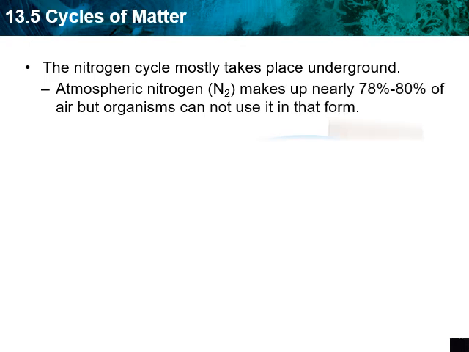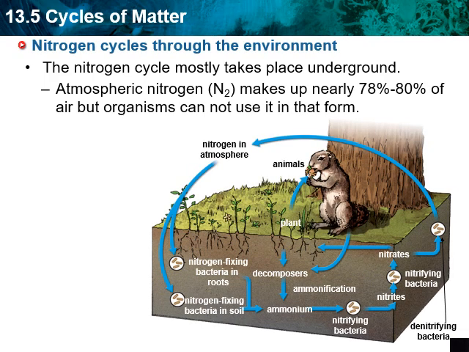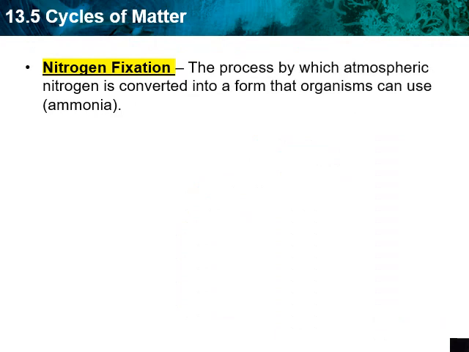We also have a thing called the nitrogen cycle. The nitrogen cycle takes place mostly underground, but mostly all of nitrogen is atmospheric nitrogen that is not usable. So something has to happen to that nitrogen in our atmosphere for us to actually use it. It needs to be in a form that organisms can actually use.